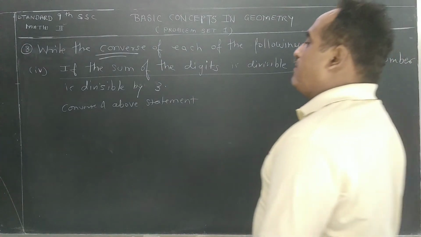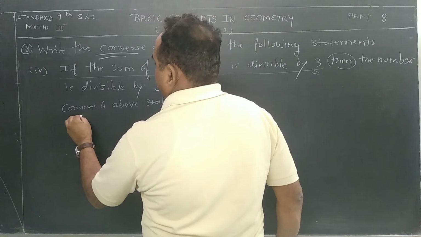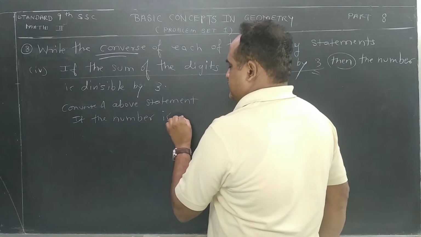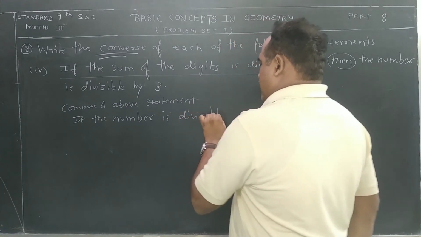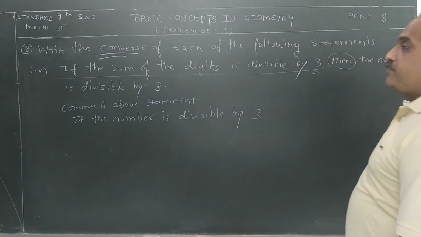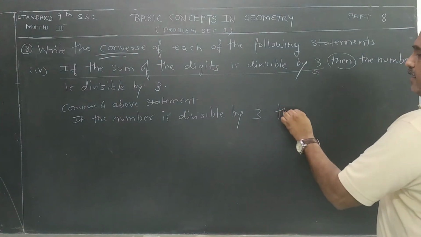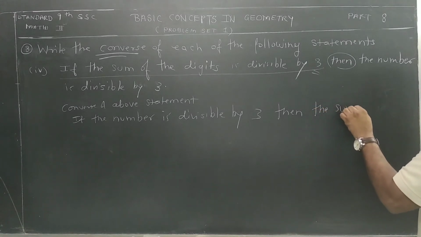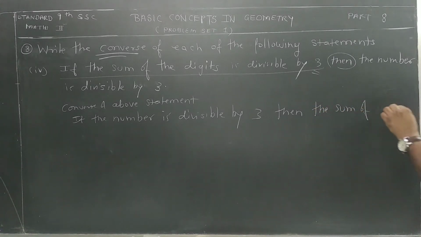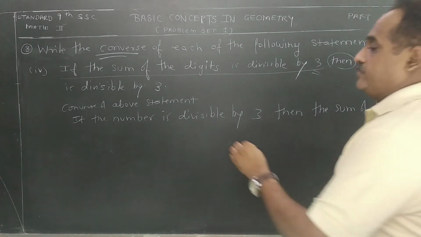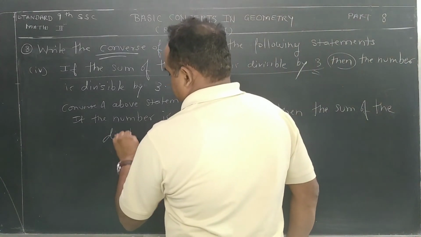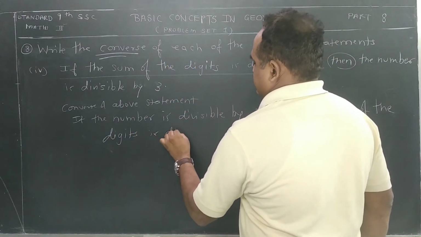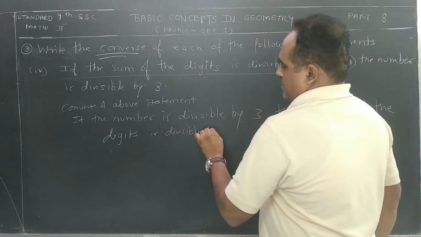The number is divisible by 3 if the number is divisible by 3, then the sum of the digits is divisible by 3.